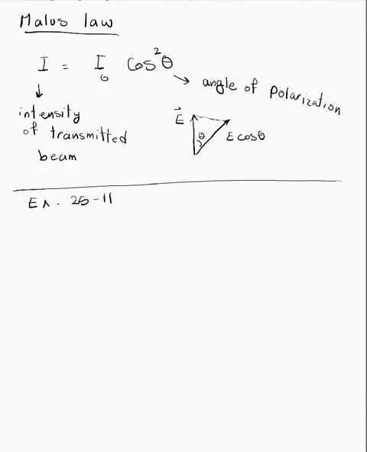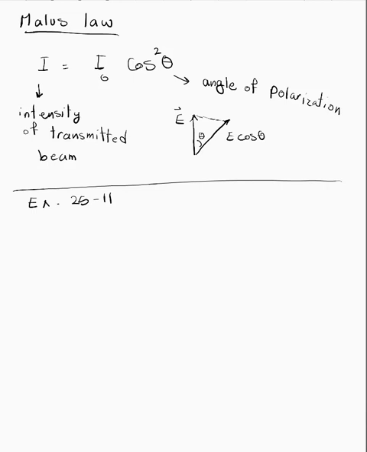Let's see how we apply Malus's law. In exercise 25.11, it says vertically polarized light with an intensity of 428 watts per meter squared passes through a polarizer oriented at an angle theta to the vertical.